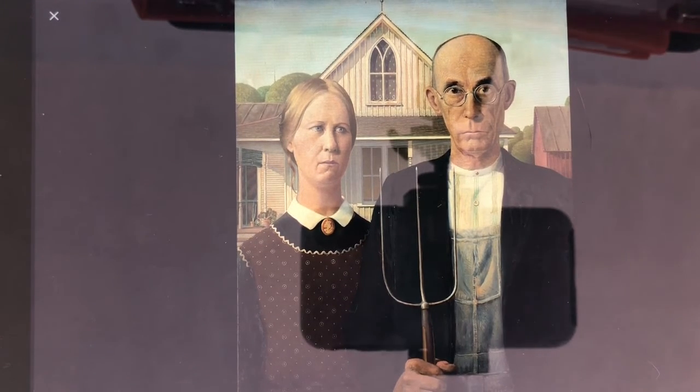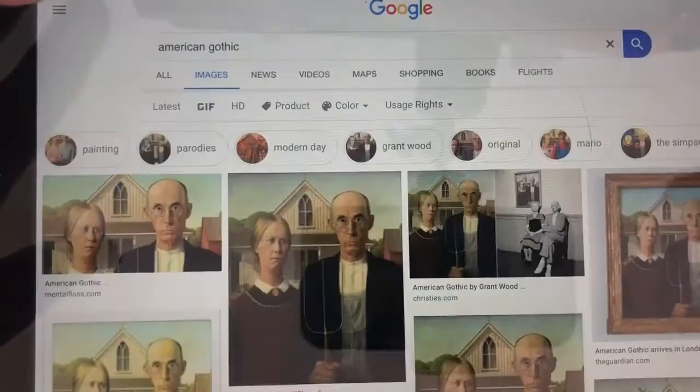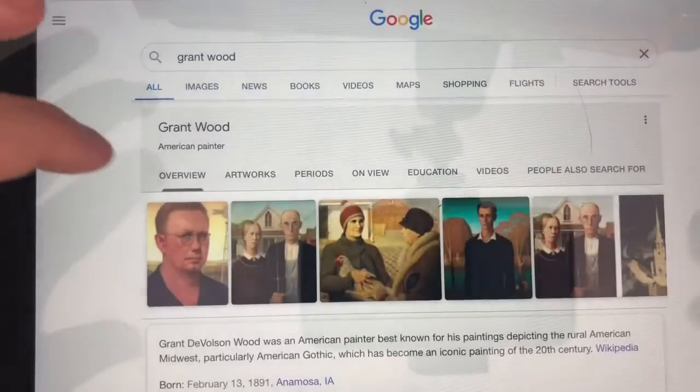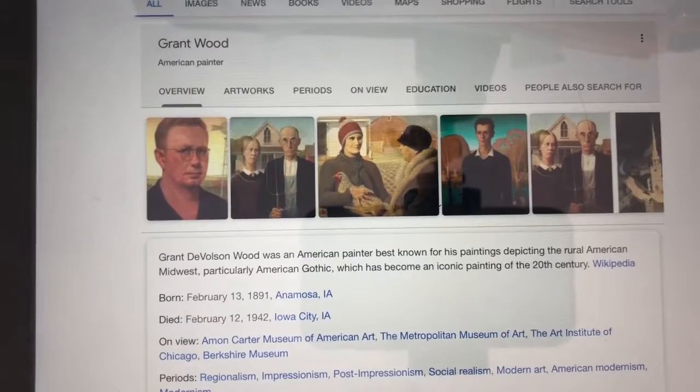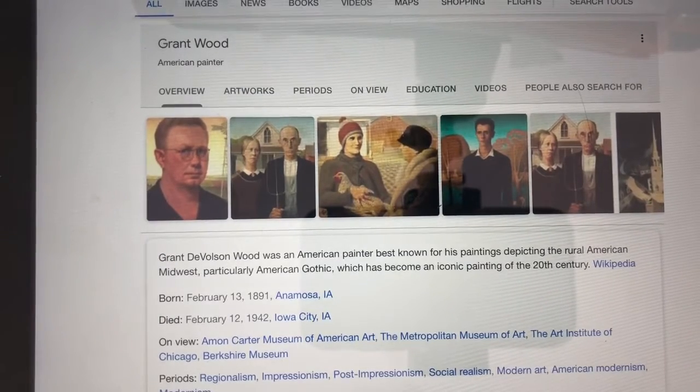So this painting is actually called American Gothic, and it is by a man called Grant Wood. Now, Grant Wood, he was born in Iowa, and he was really well known for making lots of big pictures about what life was like as a person who lived in Iowa.